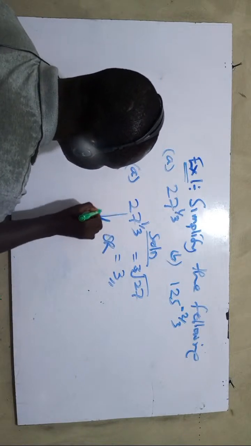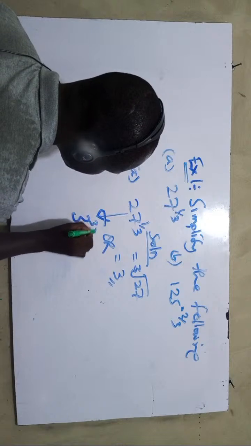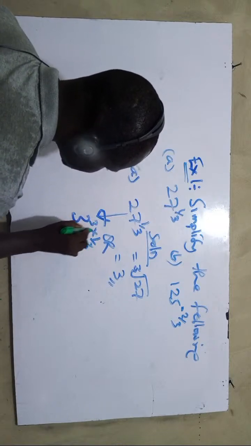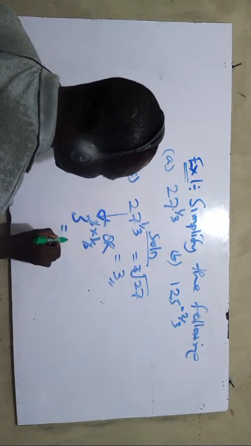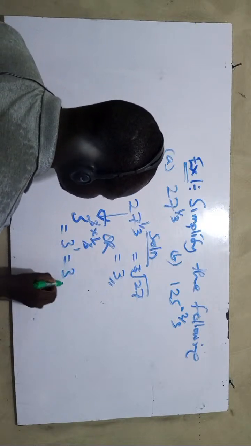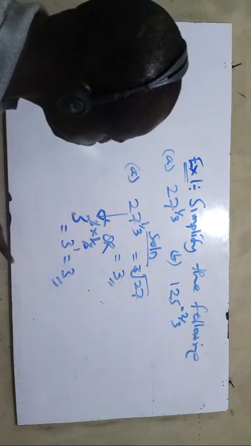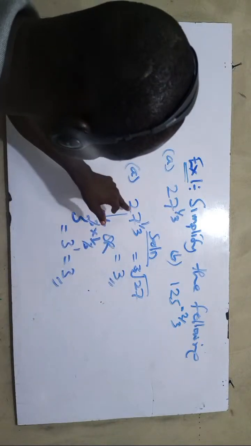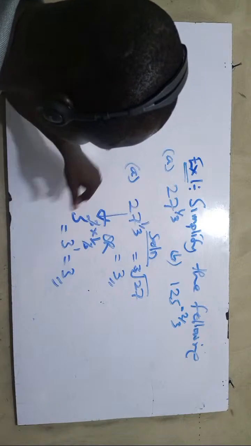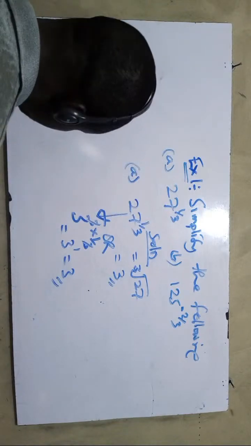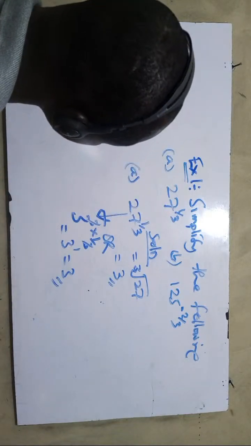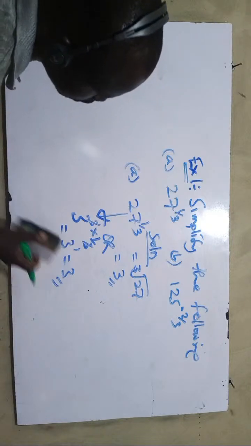So I will change 27 to 3 raised to power 3, multiplied by what we have here. So this can take care of this, and at the end of the day, I'm going to get 3 raised to power 1, which is equal to 3. So either way, you find the cube root of 27, or you just express 27 as an index of 3 and work it out directly. So that is what you are going to get: 3.